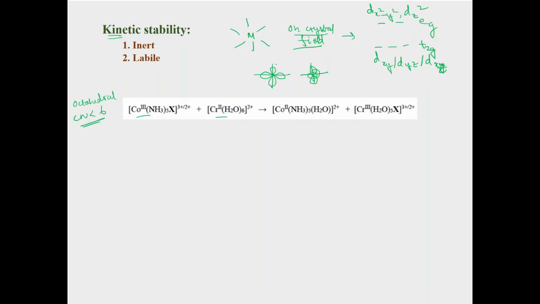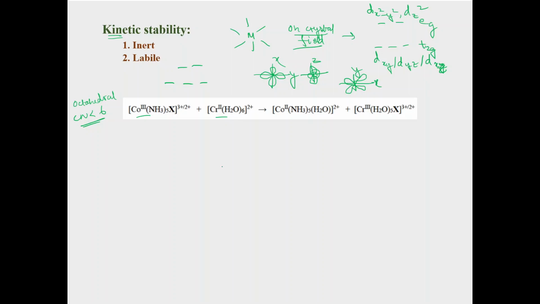If we consider x, y and z axes, dx square minus y square and dz square are like this, whereas for dxy, dyz and dxz, the lobes are present between the axes. Because of this repulsion, Eg is higher in energy, and if there is any electron present in the Eg orbital, it makes that complex labile in nature.